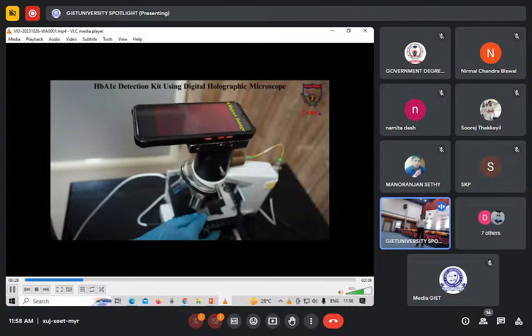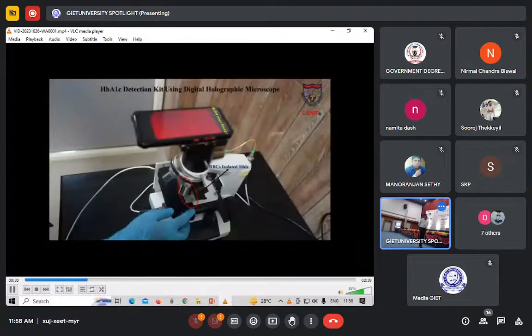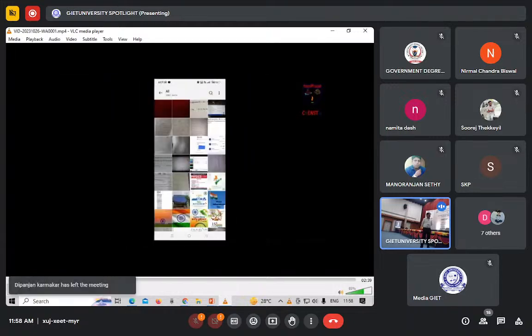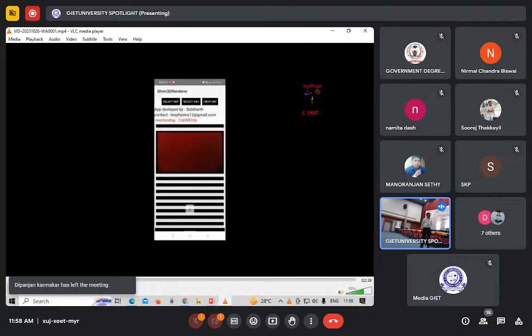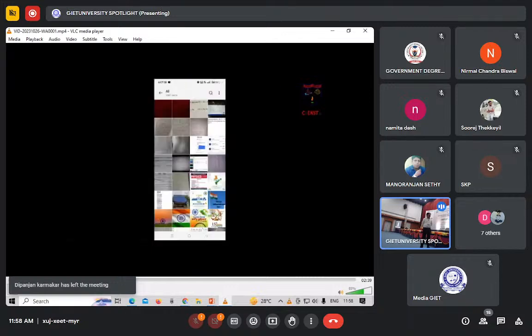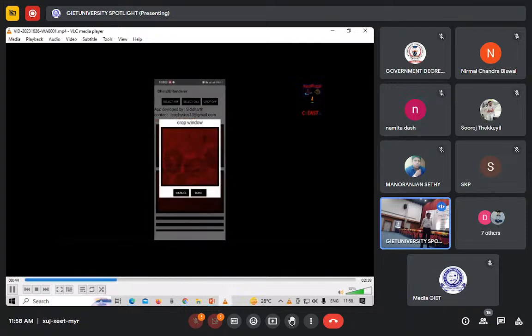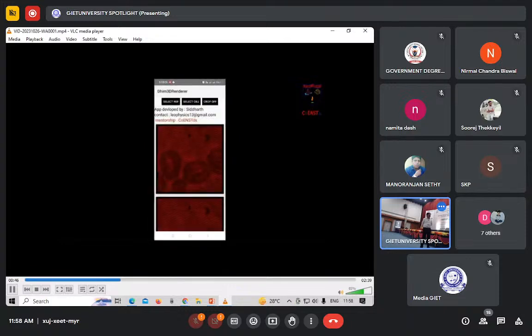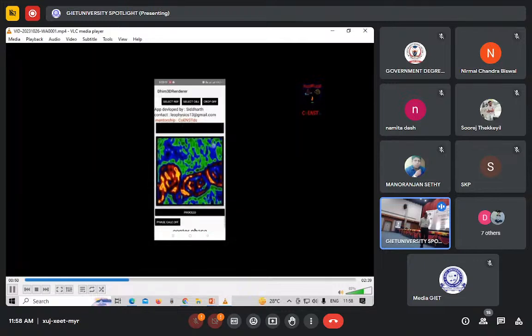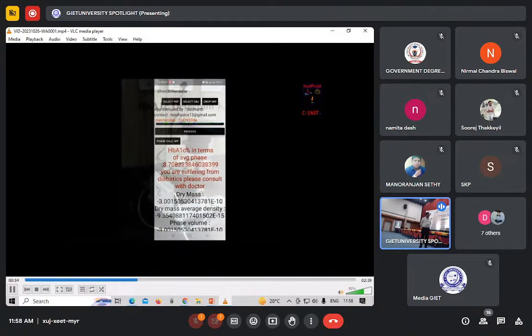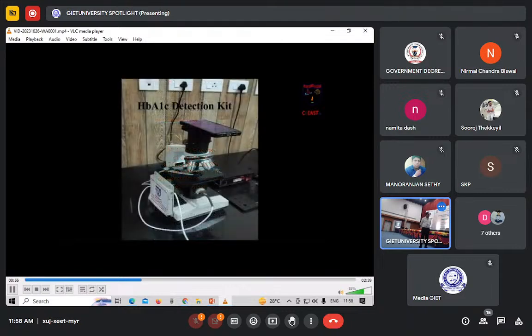Our dedicated team has developed an affordable and efficient method to detect HbA1c levels, a crucial indicator of long-term control in diabetes. Through meticulous research, we have proposed a method that utilizes a digital holographic microscope for average phase measurement of RBCs. This method offers accurate results without the high costs associated with traditional methods.